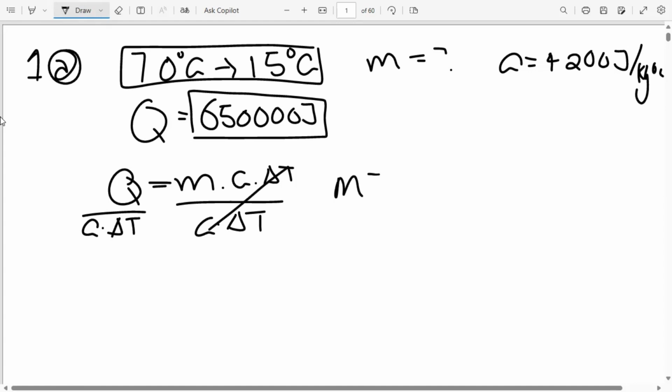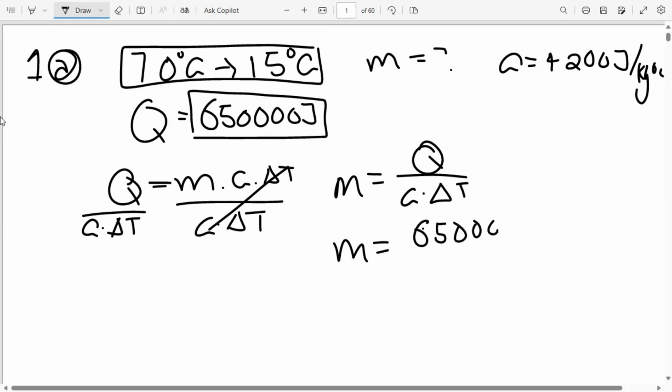That means our mass is equal to the thermal energy Q divided by c multiplied by delta T, which is the change in temperature. So our mass will be equal to 650,000 divided by 4,200 multiplied by the change in temperature, which is 70 degrees Celsius minus 15.